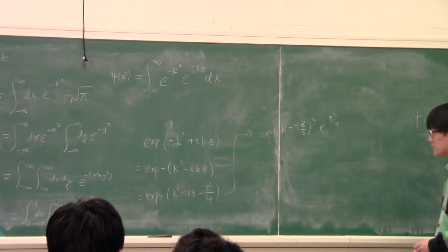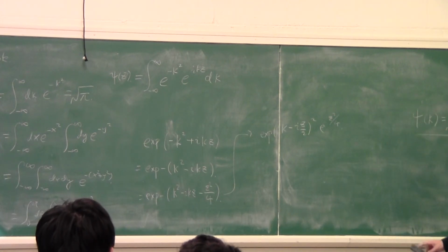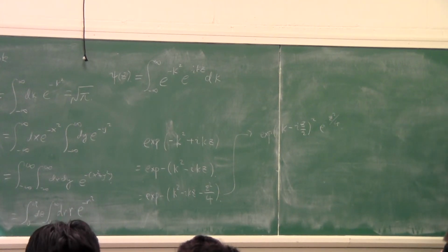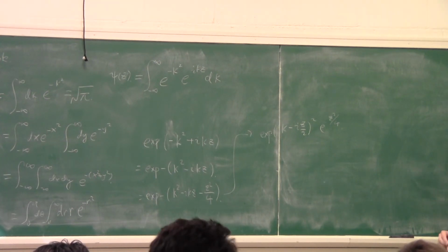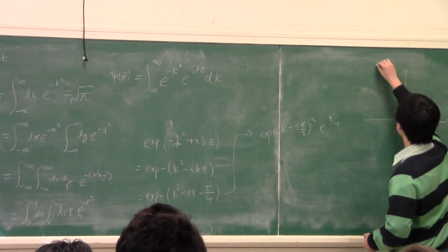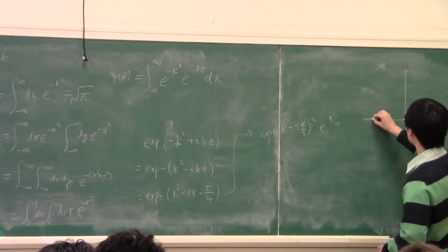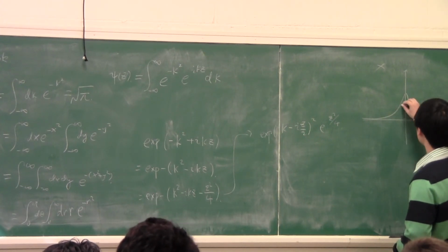So the idea is that the Fourier transform of a Gaussian remains a Gaussian. Okay. But what we have done is essentially correlated the width of the two Gaussians by this Fourier transform. Okay, so in the position representation, that Gaussian that we have assembled might look like something like this.